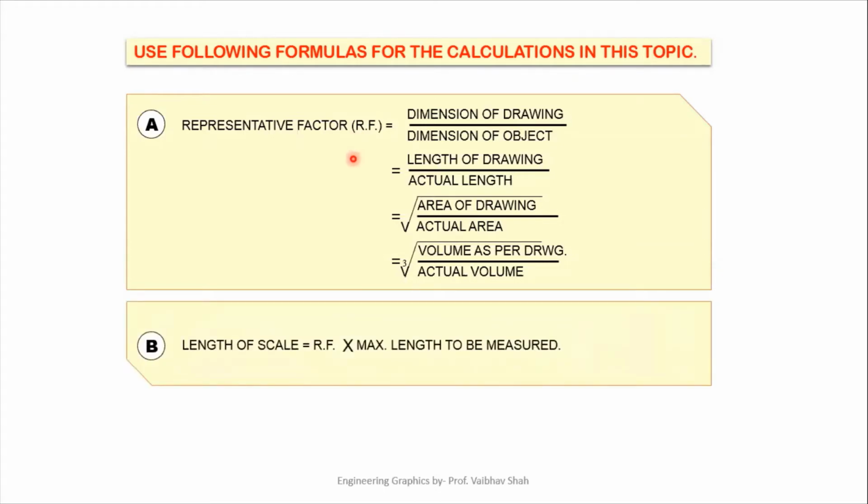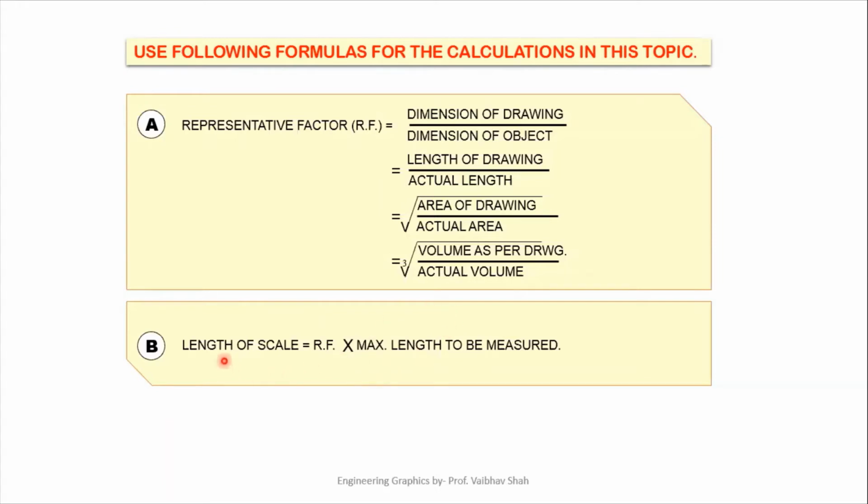Now, you require one more equation, which is length of scale, which is equal to RF, which we can get from the first equation, into maximum length to be measured. In each examination, it must be clarified how much maximum length you need to measure. So you will just put that data here.